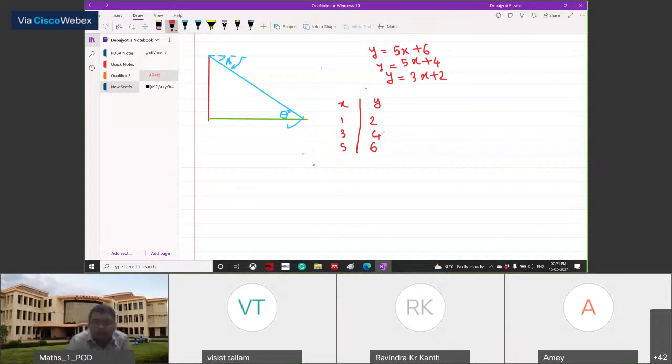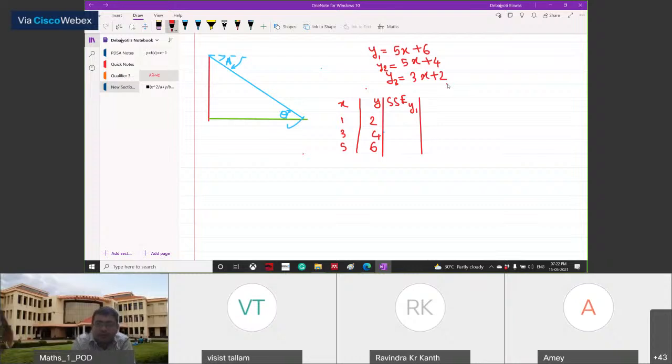Then what we have to do is make another column. Then you have to write SSE of this is y1, y2, y3. So SSE of y1 done. Then you have to do another straight line.